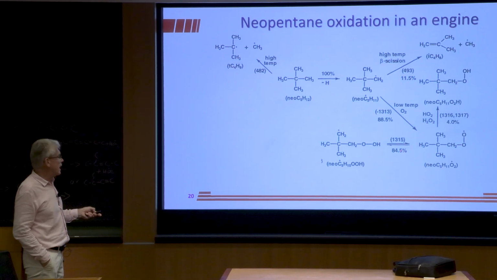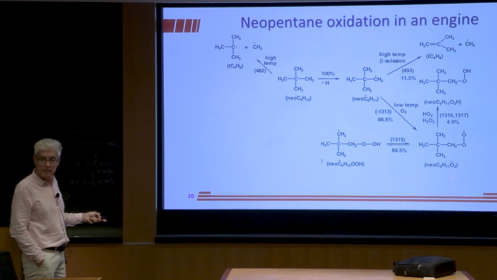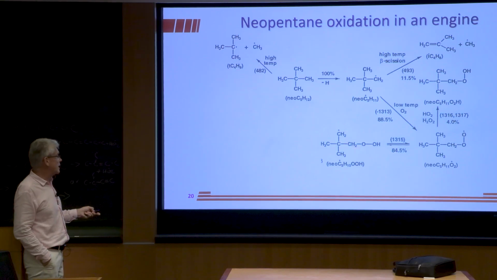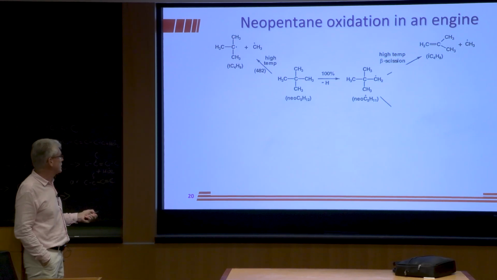And then 85% of the fuel flux goes to the hydroperoxy neopentyl radical. So of 100 fuel molecules that are oxidized, 85 of them still go to the hydroperoxy neopentyl radical.